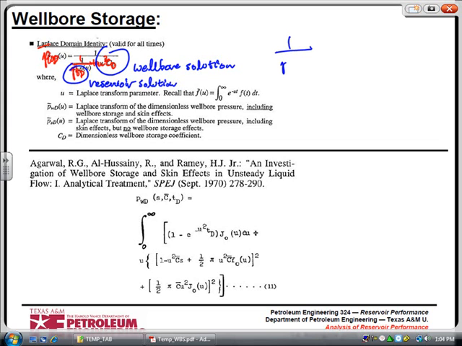So we take 1 over PWD, we're going to forget about the nomenclature, is equal to 1 over PSD plus this Laplace transform squared thingy CD. Okay? So there's some sort of weird capacitance rule, right?